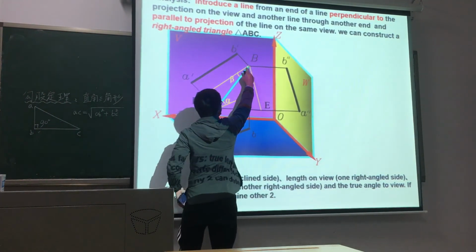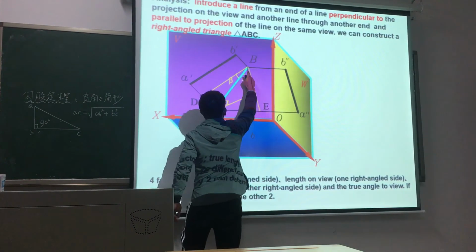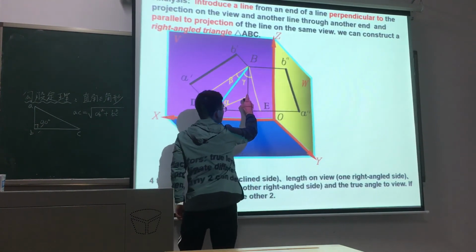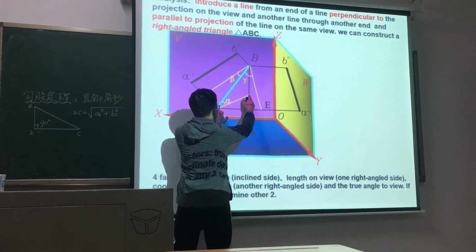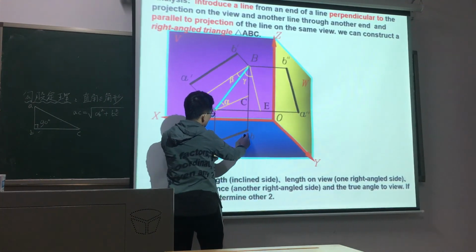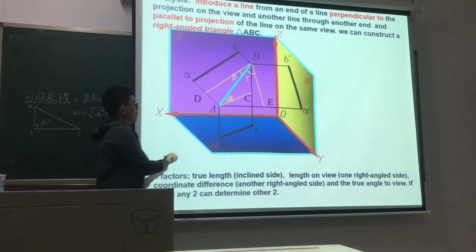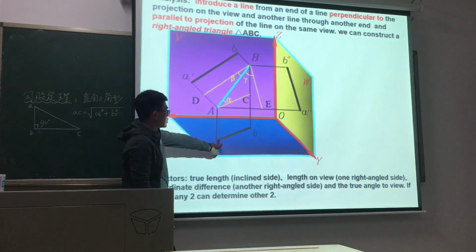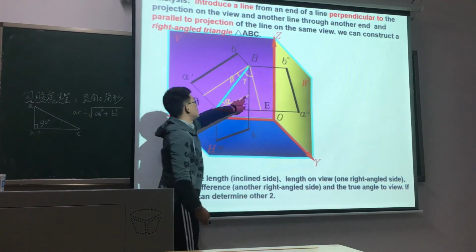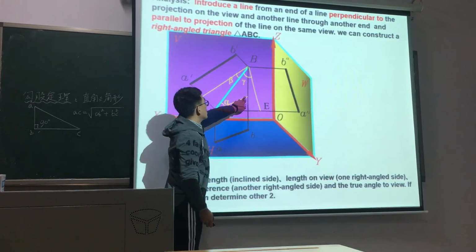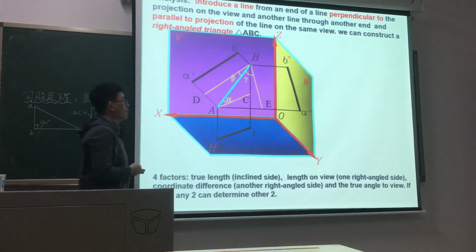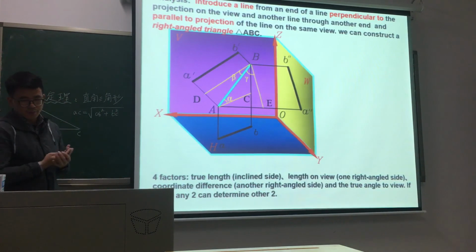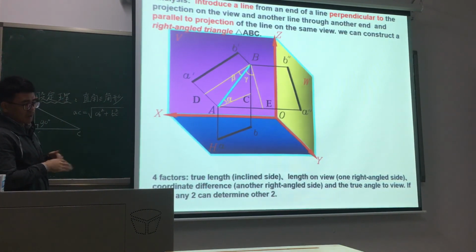In this triangle AC, this is a right angle, this angle is 90 degrees. So this line should equal AB. Which side is the same? This side equals this side. What we want to know is the length BC. Do you have any idea about BC?